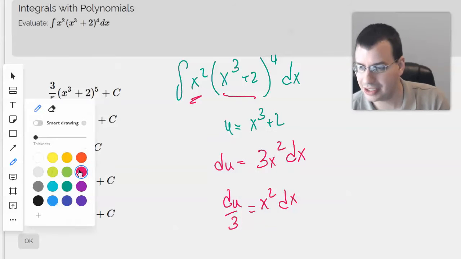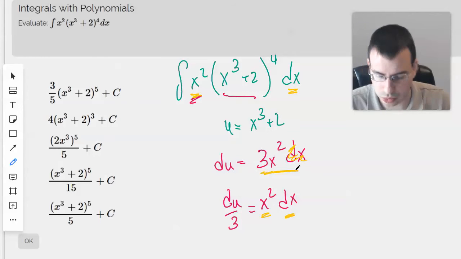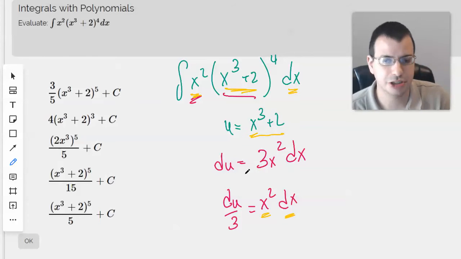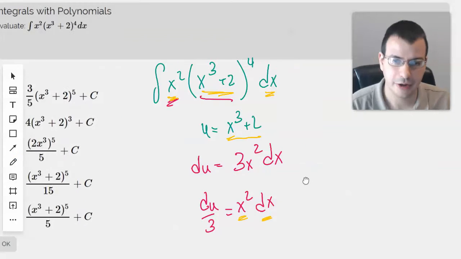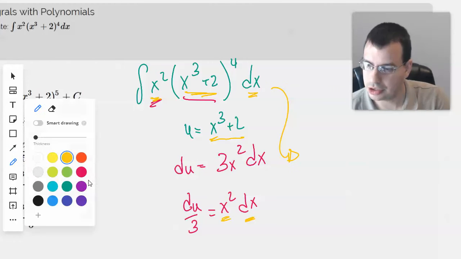That way it is abundantly clear that you have x squared here, x squared there, dx here, dx there, x cubed plus 2, x cubed plus 2. Everything is directly substituted in, and it makes it easier for me in my old age.